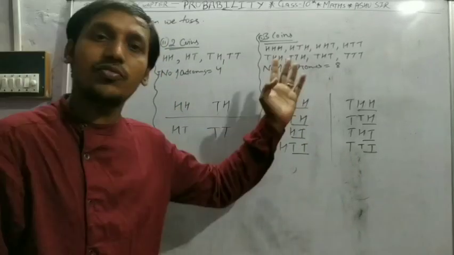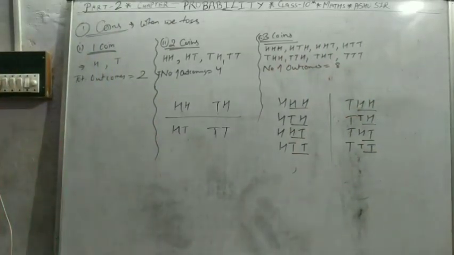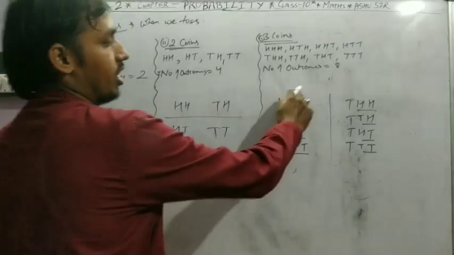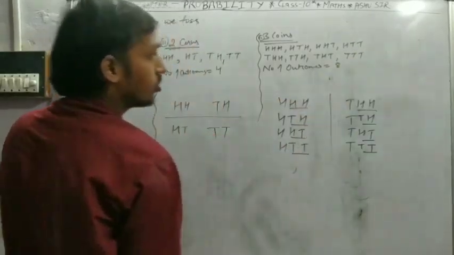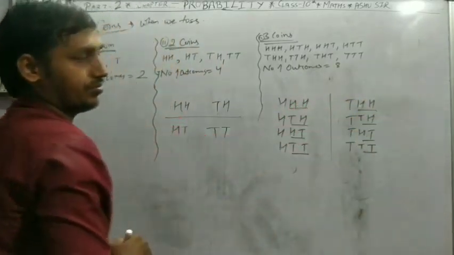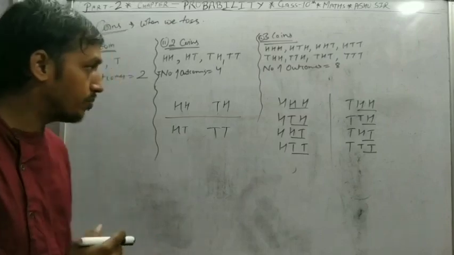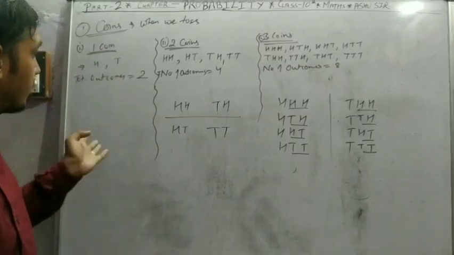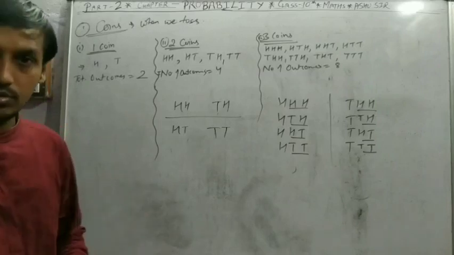If you want to write the 4-coin outcomes, it is the same process: you write 2 times, and again 2 times, so you get 16 outcomes. If you follow the pattern, the outcomes are always doubled, squared times.